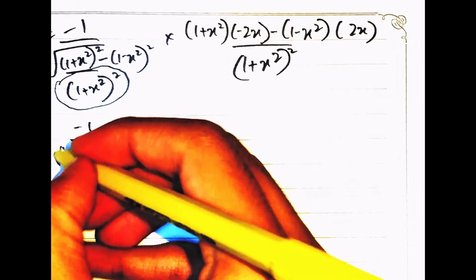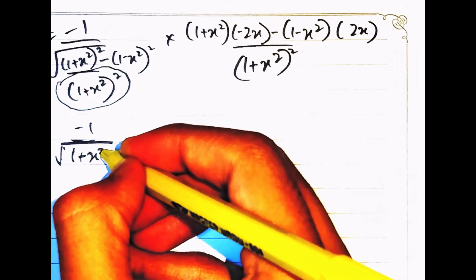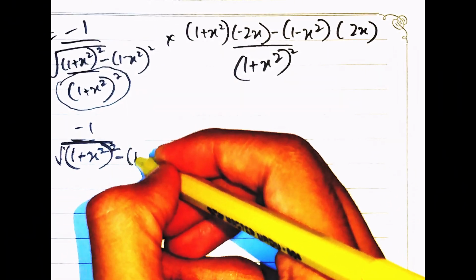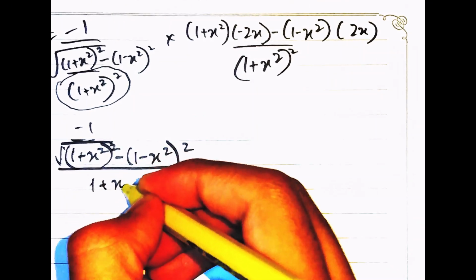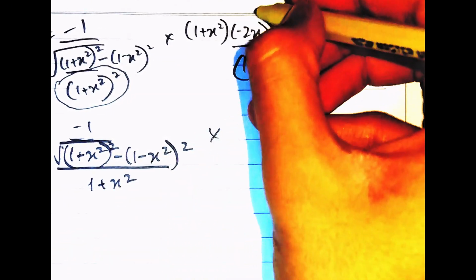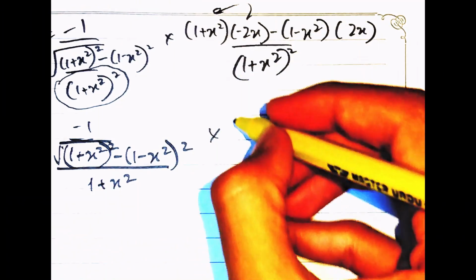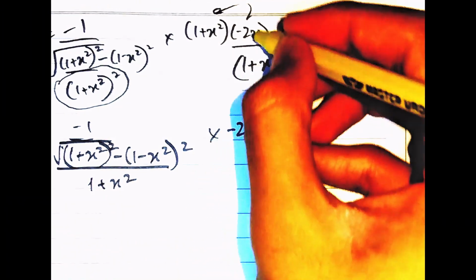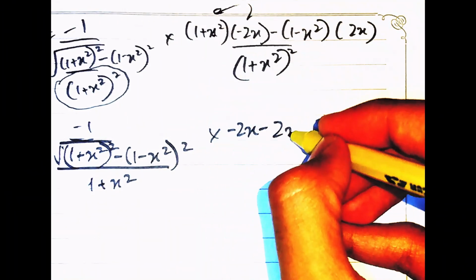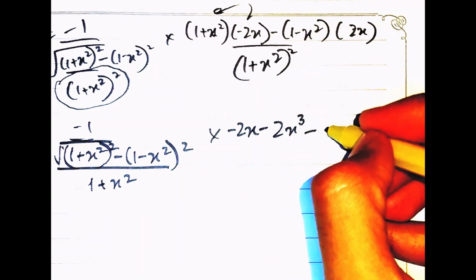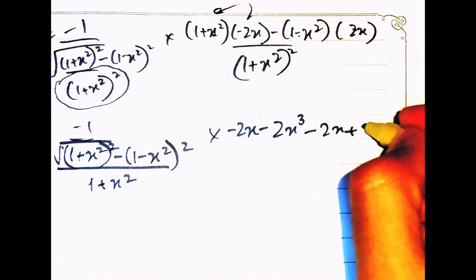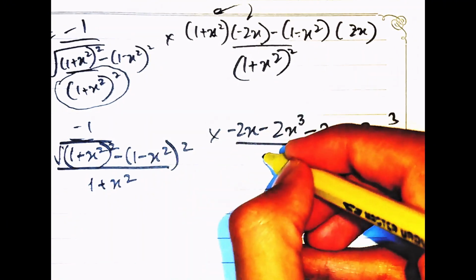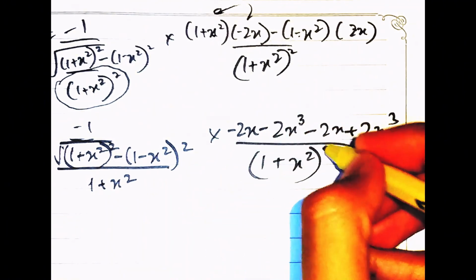So I can write (1 plus x squared) whole squared minus (1 minus x squared) whole squared divided by (1 plus x squared), okay, multiplied by, now I can multiply this negative 2x in this bracket right over here, so negative 2x times x squared is negative 2x cubed, minus 2x multiplied by 1 is negative 2x, minus minus plus 2x times x squared, we have 2x cubed divided by (1 plus x squared) whole squared, okay.